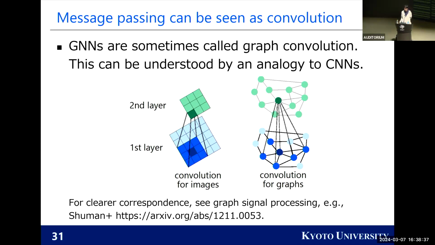This survey paper is very easy to understand, and I recommend it if you're interested. Actually, we can define the Fourier analysis of the graph signal, and by using this terminology, we can define the convolution of GNNs in a similar way as the convolution or Fourier analysis of regular Euclidean signals. But it's beyond the scope of this lecture, so please refer to it later.